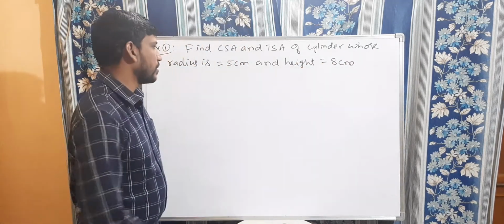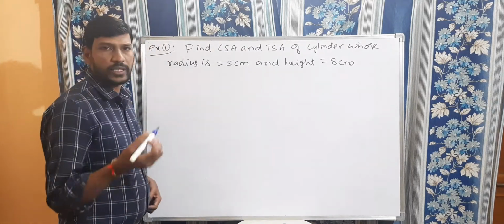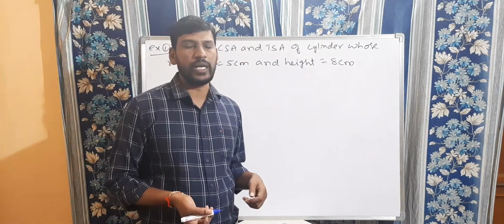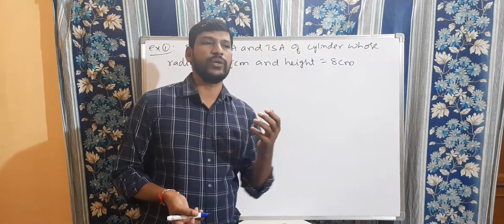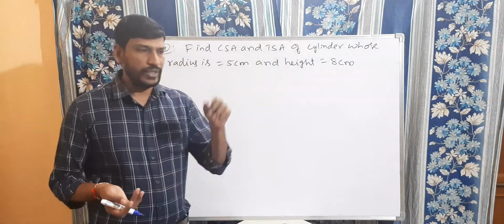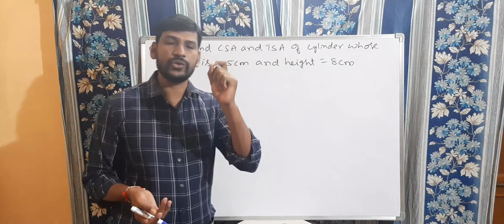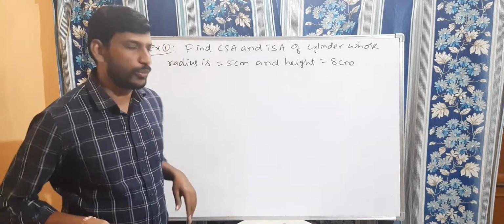Okay, right? So now here the pi value is nothing but, you know, 22 by 7. Sometimes they can use 3.14 also. If they mention 3.14 in the question, you can use 3.14 only. Otherwise, you can use 22 by 7.